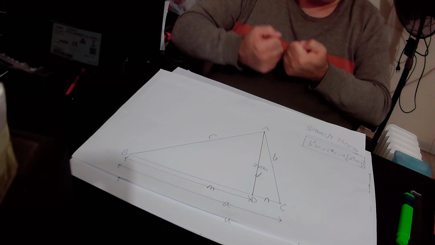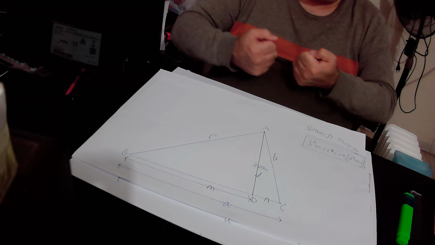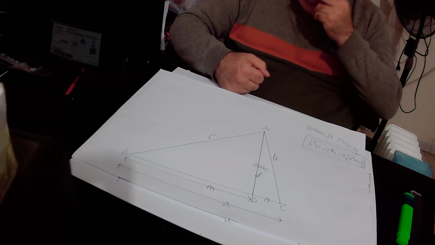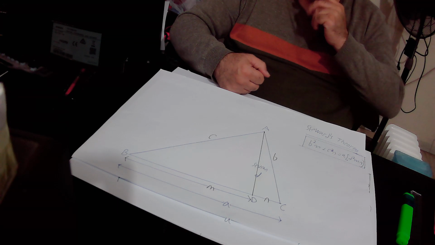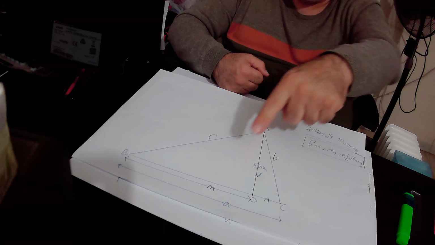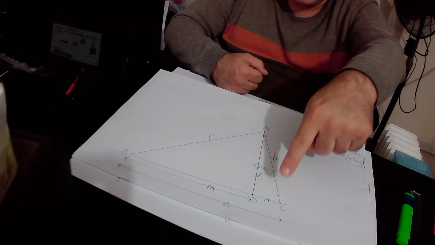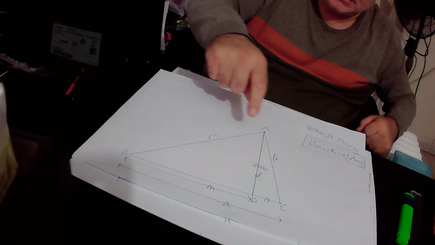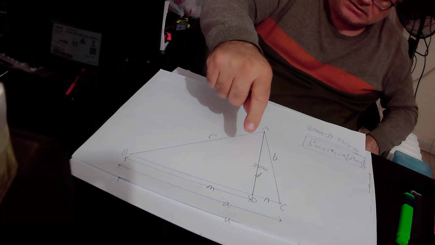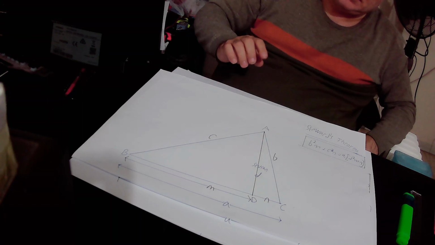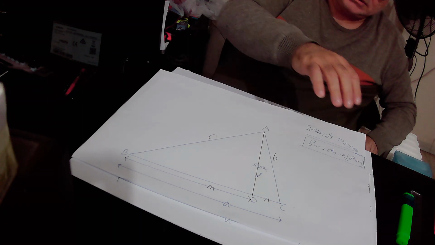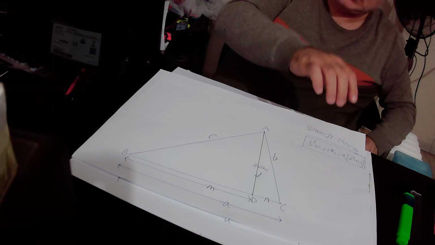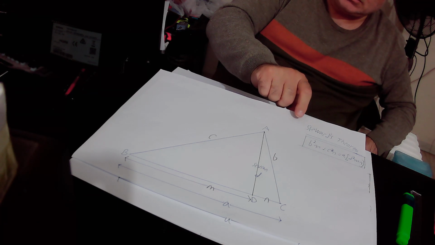According to Stewart's theorem, in this triangle ABC, b squared times m plus c squared times n equals a. We'll open brackets. Inside the brackets we have d squared plus m times n. We proved that this equation, Stewart's theorem, is true in two different methods.